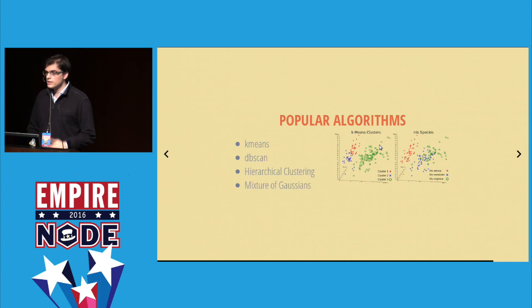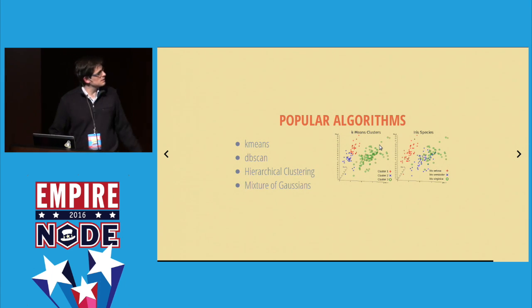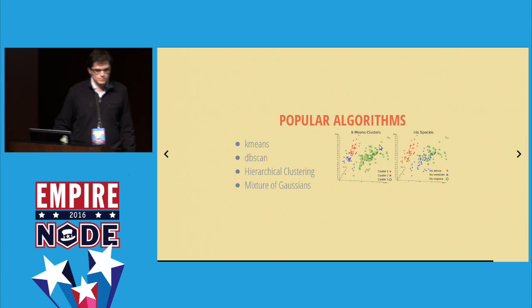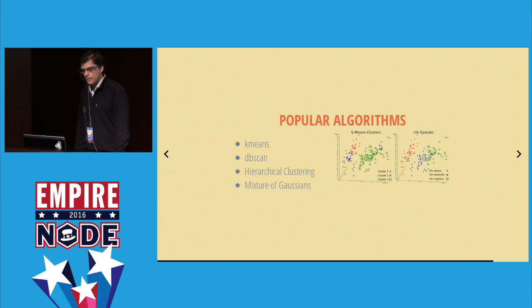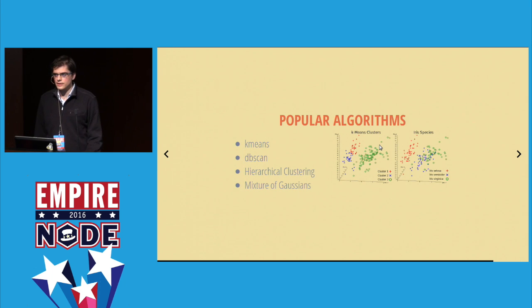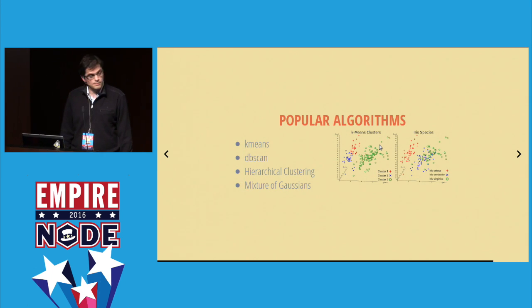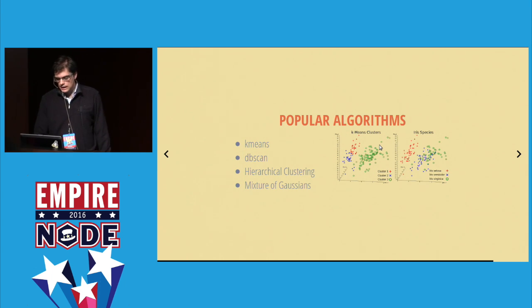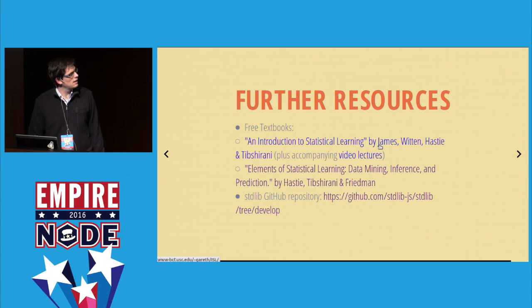There are also some more recent ones like density-based spatial clustering of applications with noise, DBSCAN, which is also growing more popular, and then some older methods like hierarchical clustering, or a probabilistic method called the mixture of Gaussians. So you might want to read up on those if you're interested in doing a clustering exercise.